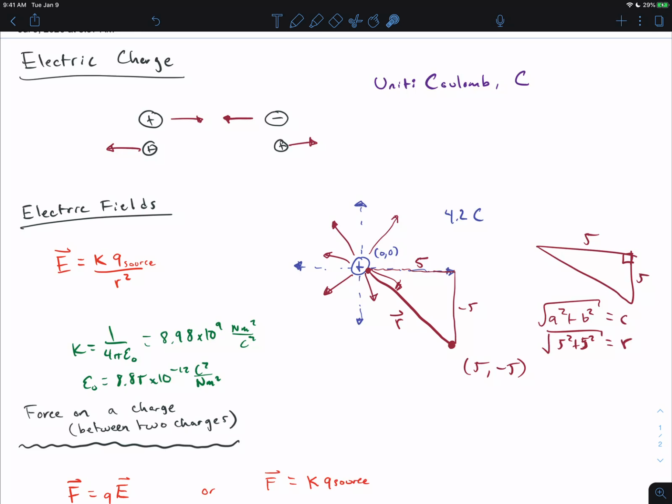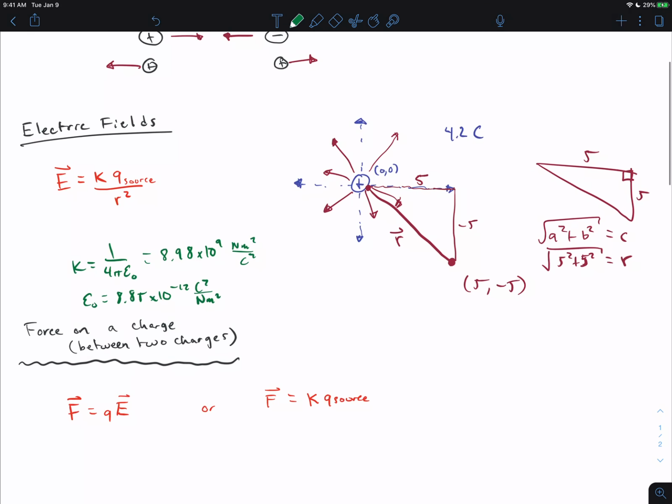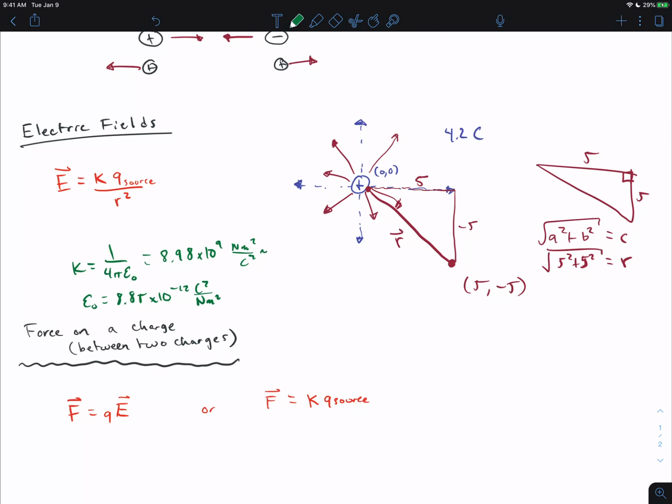To make this even easier to remember, I find it really useful to just remember this as 9 times 10 to the 9. That makes it very simple: when I see this K, it's always 9 times 10 to the 9. You can round it, and your problems will still be pretty close.